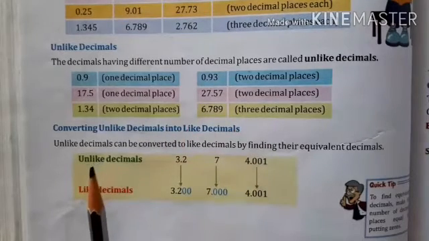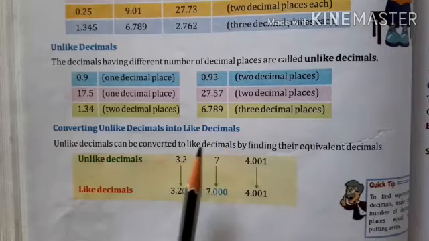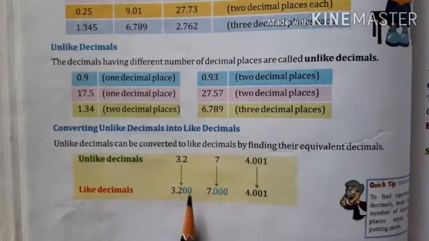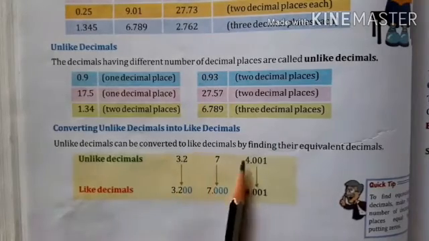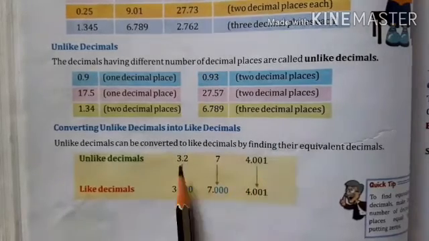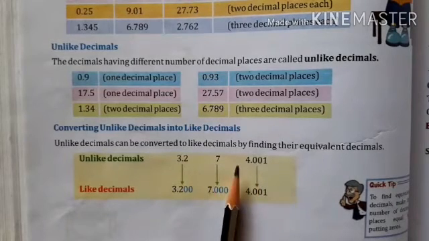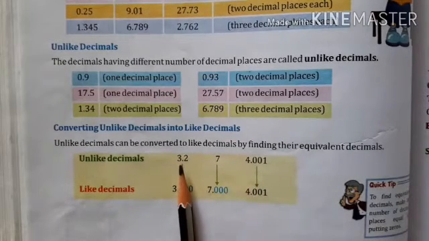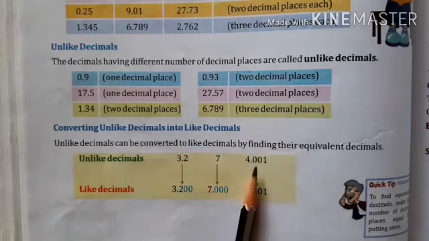Okay. Now we will learn how to convert unlike decimals into like decimals. Okay. So students, look at this example. Unlike decimals, 3.27, 4.001. These are unlike decimals because they have different numbers of decimal places. It has 1 decimal place, it has no decimal place, and it has 3 decimal places, right?